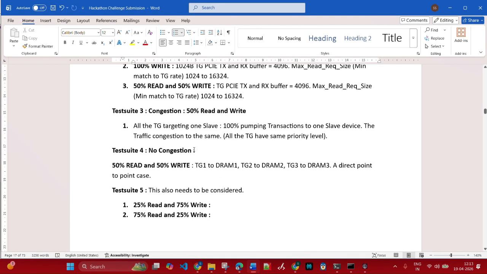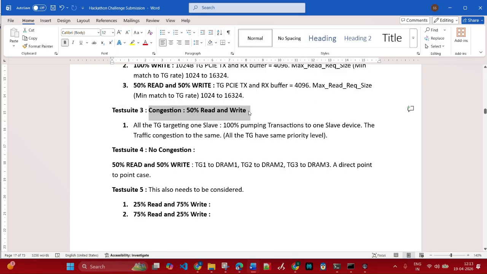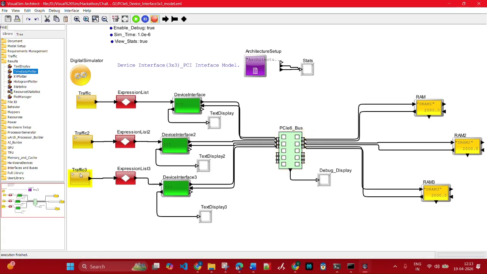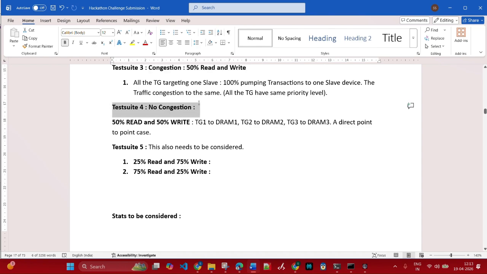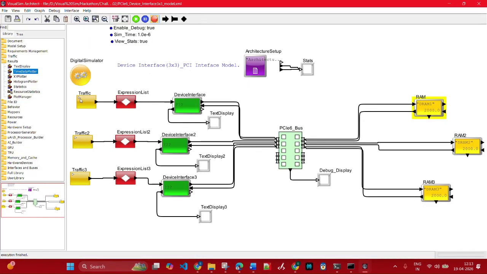Next one is the conjunction scenario. In this, I'm selecting all the TGs and all are generating transactions only to DRAM1. So in that scenario, what happens? And next is the no conjunction scenario. No conjunction is the present situation. TG1 is always routed to DRAM1, TG2 is always routed to DRAM2, TG3 is always routed to DRAM3.